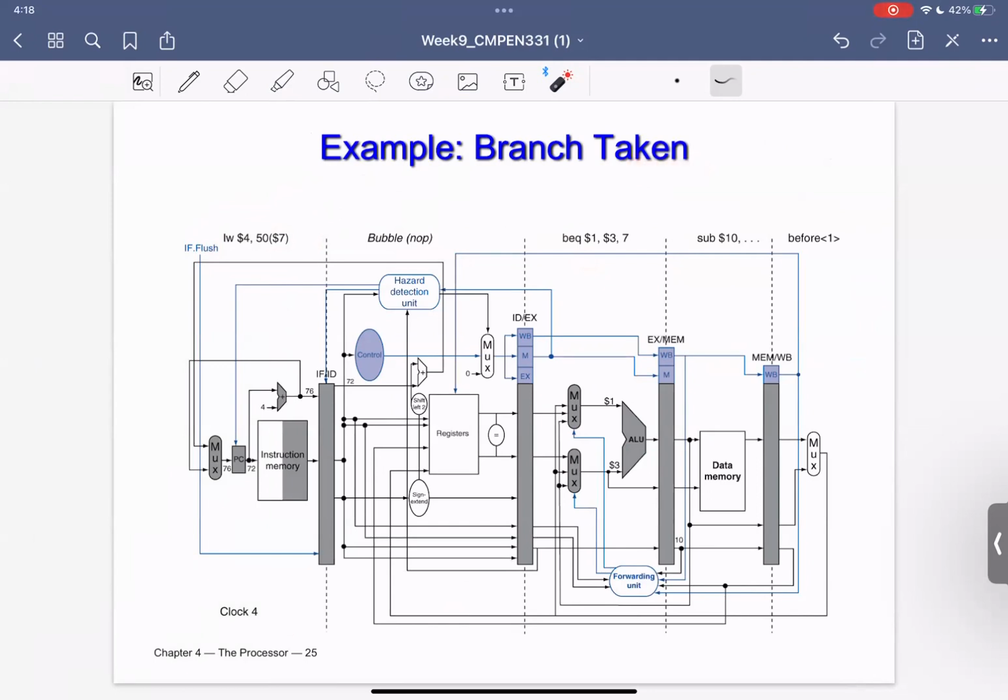Branch taken means that the branch condition, if it is branch equal, is correct. If it is branch not equal, again, it is correct. It's just taken, meaning that whatever I would like to compare is correct. And if it is correct, I am going to the branch target address, and this will be my target address in this particular situation.